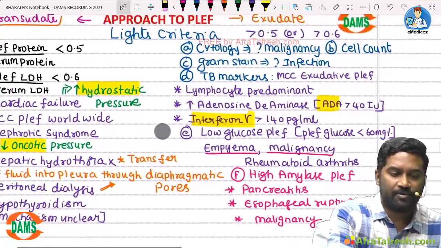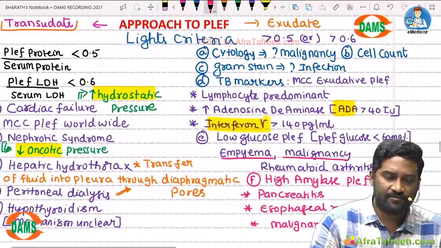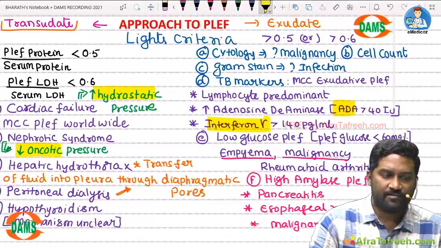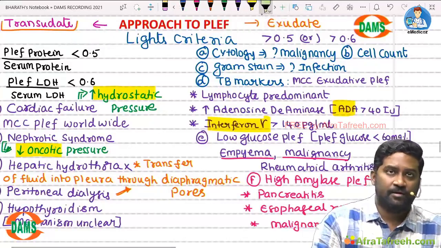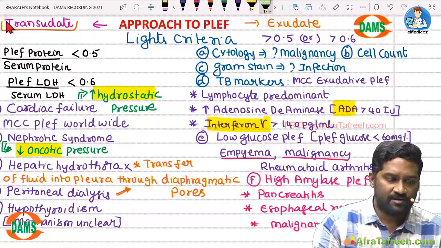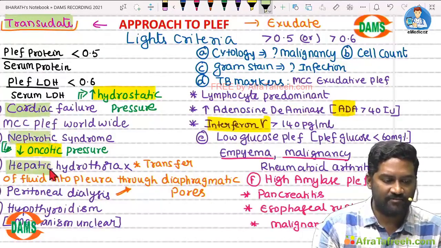So, a very important table, students, differentiating transudates and exudates for your exam. Whenever they give you any pleural effusion, by seeing the Light's criteria, know whether it is transudate or exudate. If it is transudate, look for the possibility of heart disease, kidney disease, liver disease.